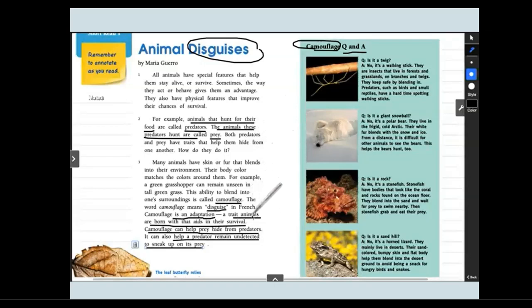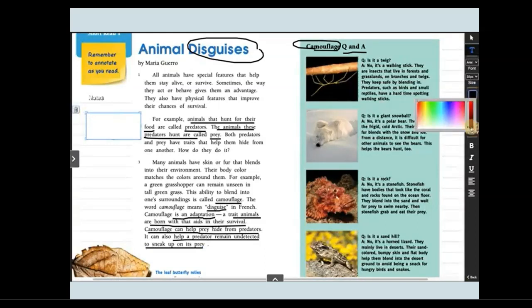So knowing these important details, how can we write a main idea for this text? What did we learn from this text? In this text, we learned camouflage helps. Who does it help?